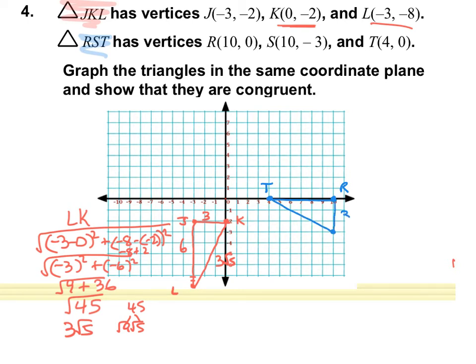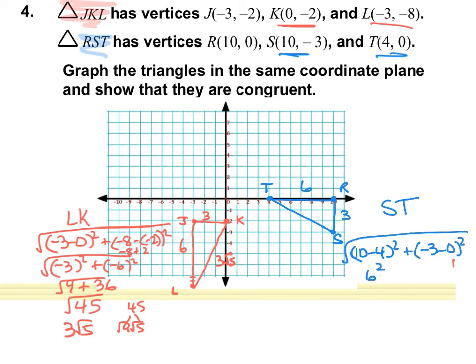So this has a length of 3. I can count the little units. This one is 1, 2, 3, 4, 5, 6. And again, now I need to do the distance formula and find the length of ST. So again, I'm going to subtract the coordinates. I can do my x's, 10 minus 4 squared, plus negative 3 minus 0 squared. 10 minus 4 is 6.